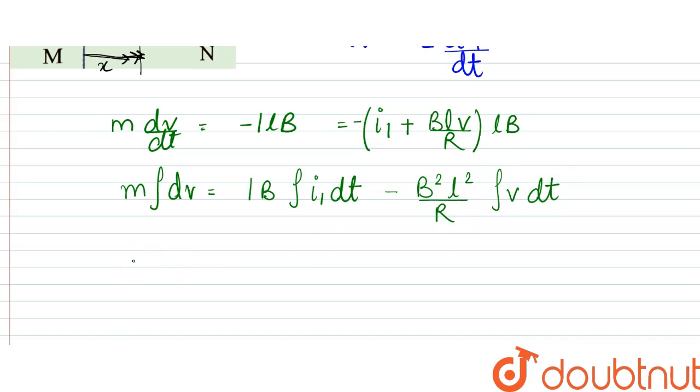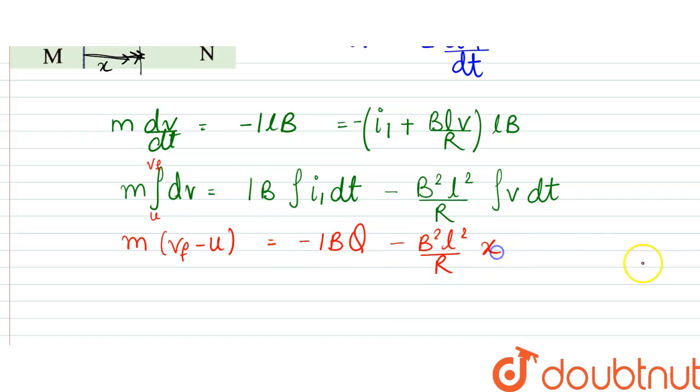Now from here we can say that this term would be m from u to vf, the final velocity. So it would be m times vf minus u, that is equal to minus LBQ, the charge, minus B square L square by R into the distance traveled x.